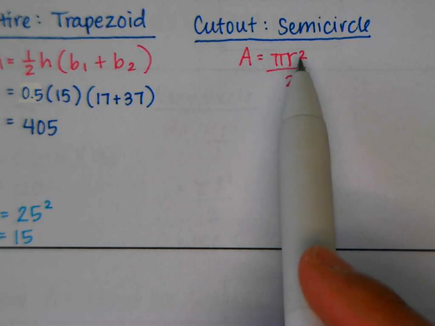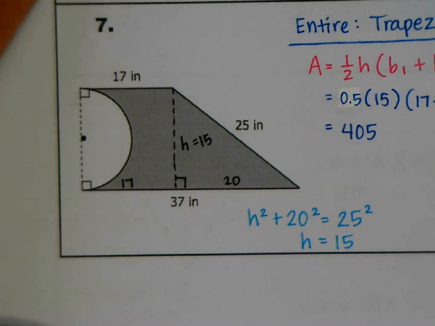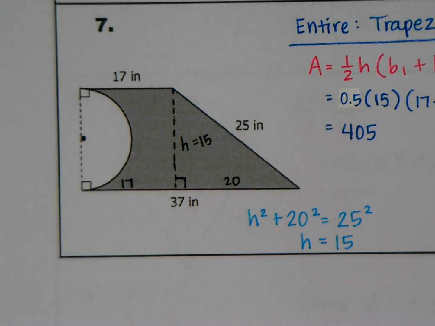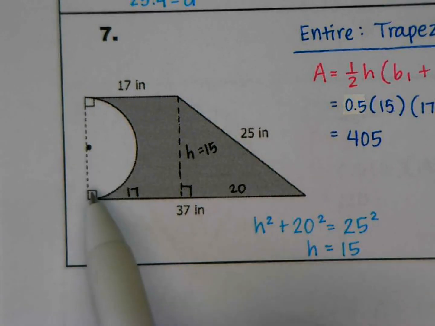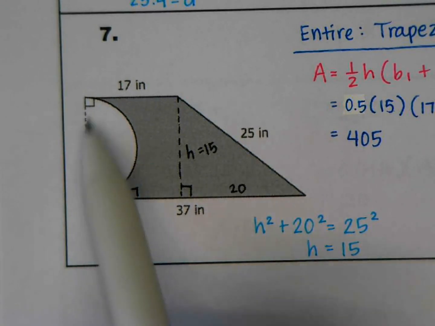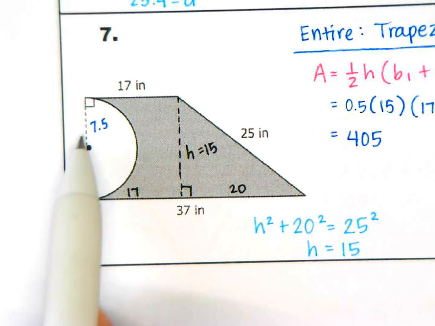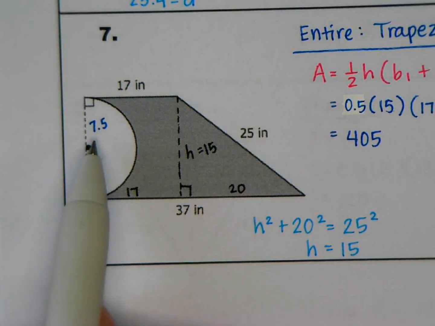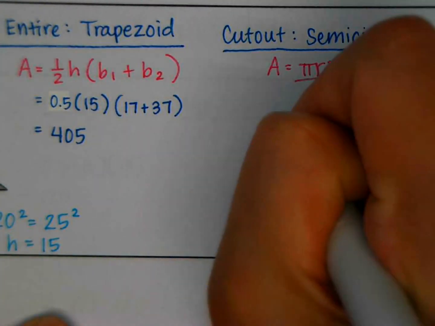Okay, still no writing there. However, if this is 15, that means this is 15 as well. But that's the diameter. If I cut 15 in half, I get 7.5 and 7.5. I only need one of them because that's the radius. So that's what we're going to plug in. Area equals pi r squared, 7.5, and then eventually cut that in half.